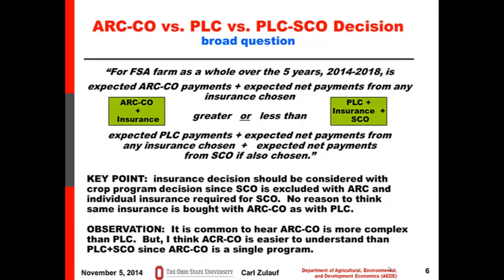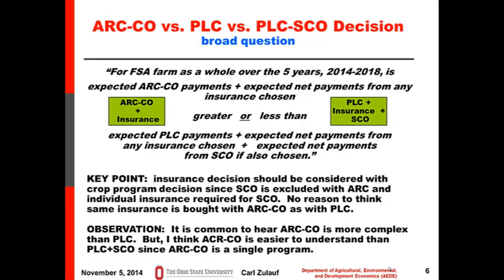So what I'm saying to you is that the commodity program decision, the ARC-CO PLC decision, is really tied up with your insurance decision. Now, why does this happen? Why is this not just a commodity program decision, but a commodity program insurance decision?